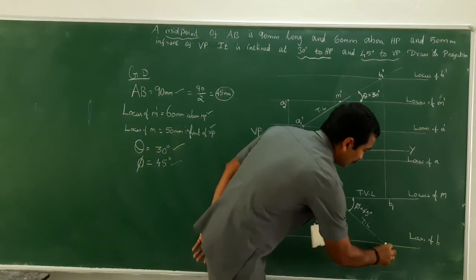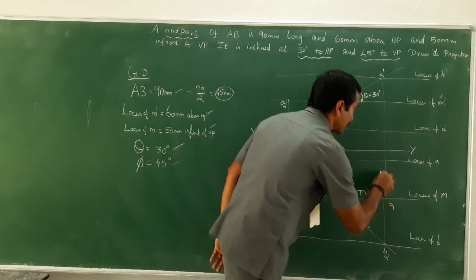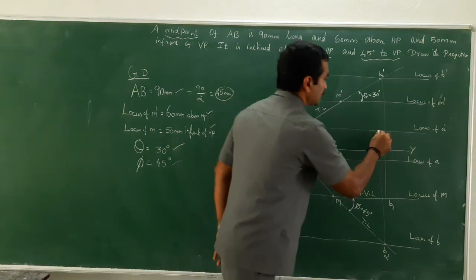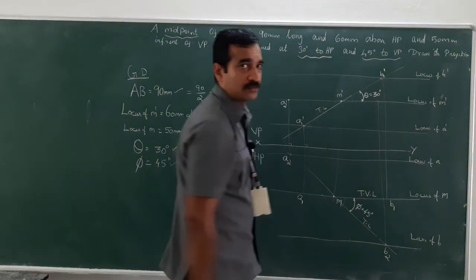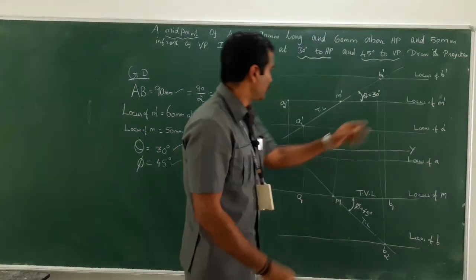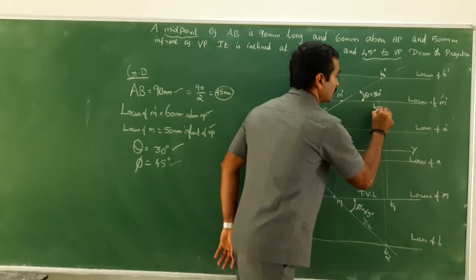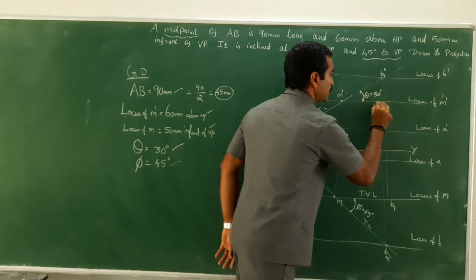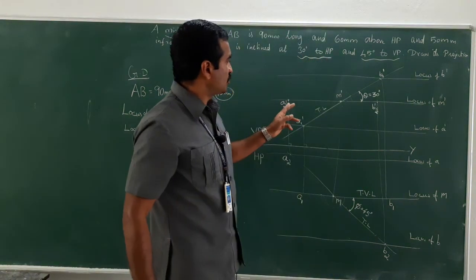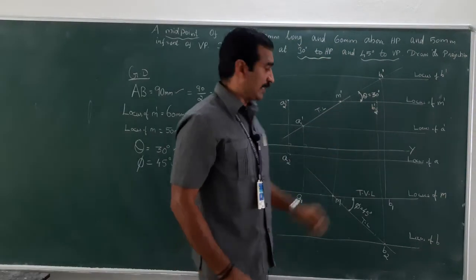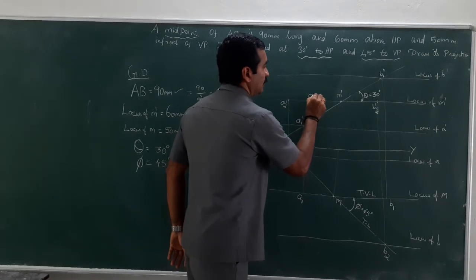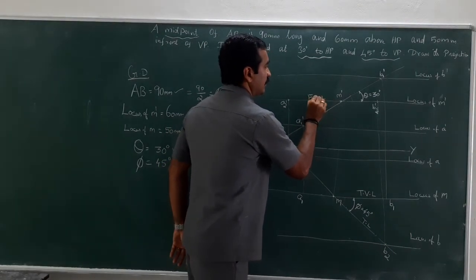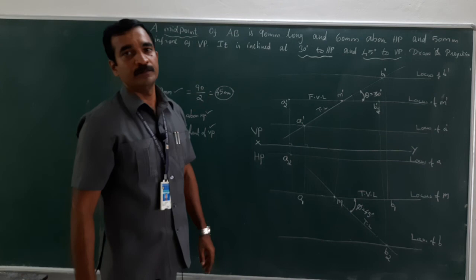Similarly, for B2, draw a projector till it intersects locus of M dash. So this B2 becomes B2 dash. The distance between A2 dash and B2 dash is nothing but the front view length.